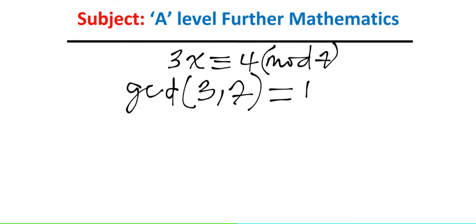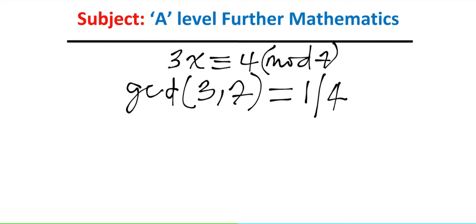If the GCD divides the number immediately after the congruent sign, which is 4 in this case, then there is a solution. And when the GCD is 1, there is a unique solution in modulo 7 in this case. When it's not 1, then there are solutions corresponding to that GCD in the particular modulo that we're dealing with.